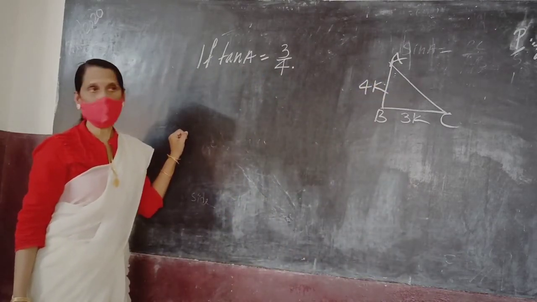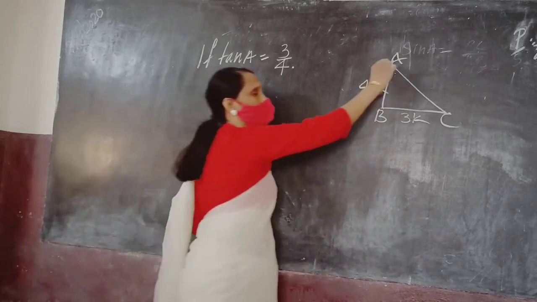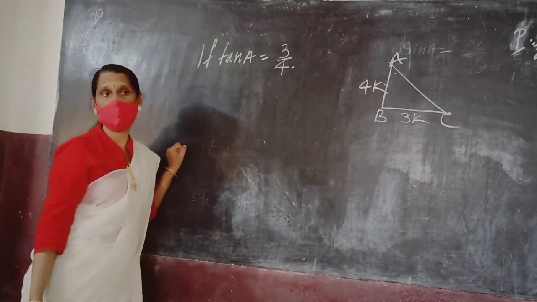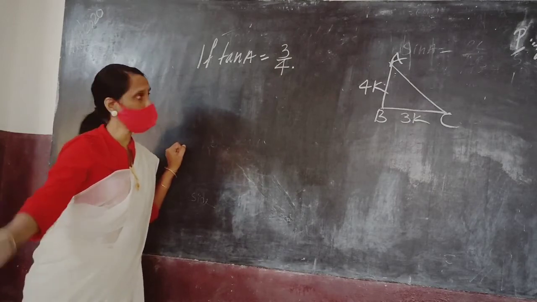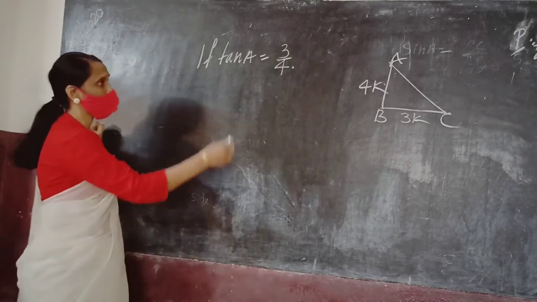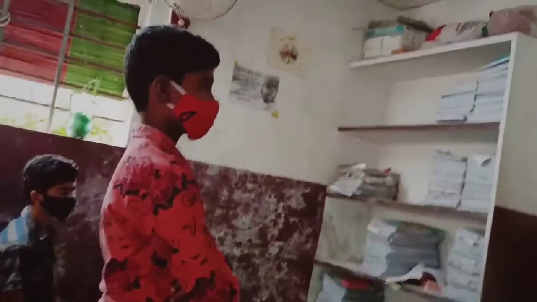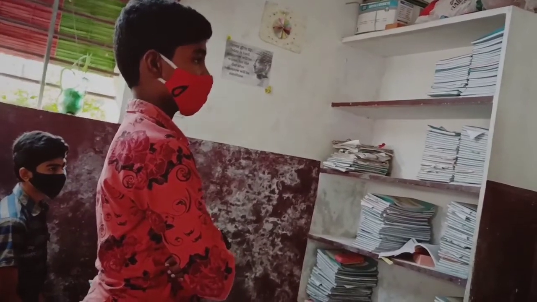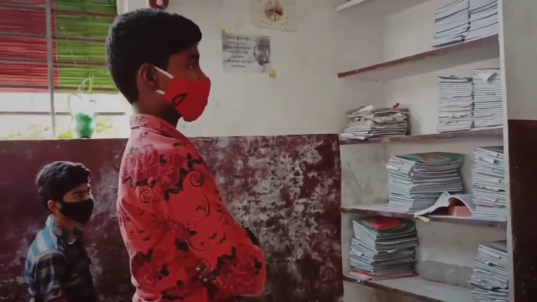Now, is it possible to find out AC? AC is the hypotenuse. How to find AC? By the Pythagoras theorem. AC square is equal to BC square plus AB square.